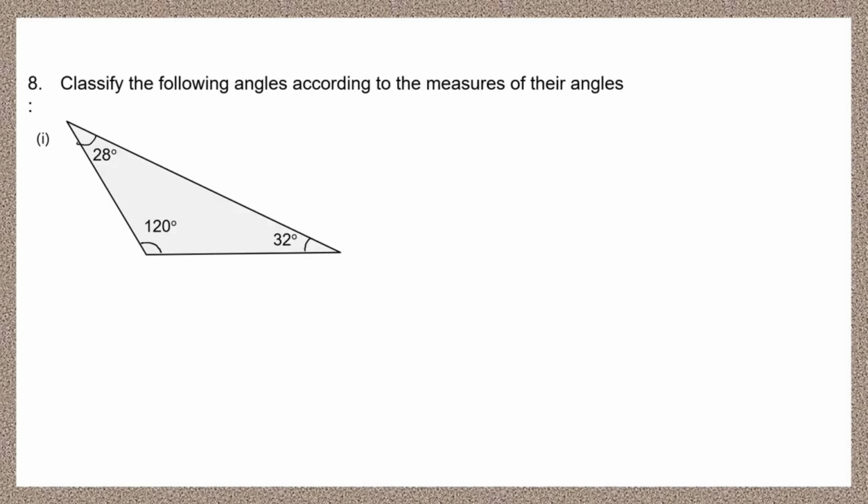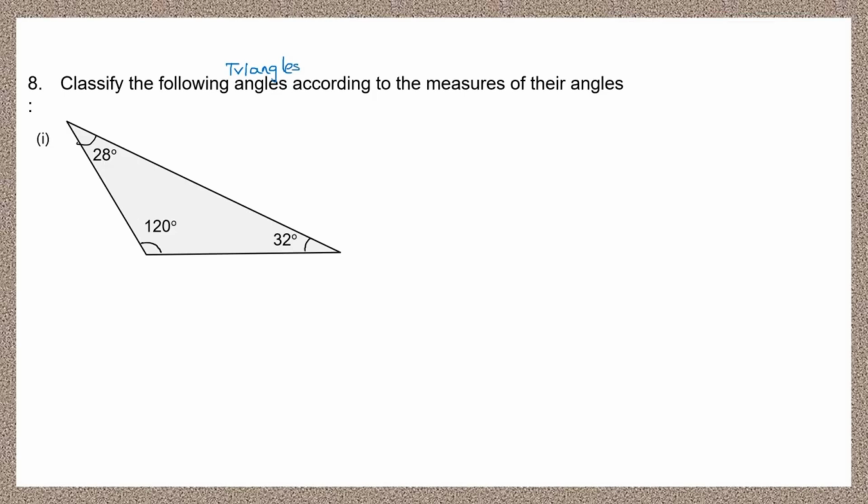Classify the following triangles according to the measure of their angles. We are talking about triangles. When we classify triangles, we base it on their angles and also on their sides.